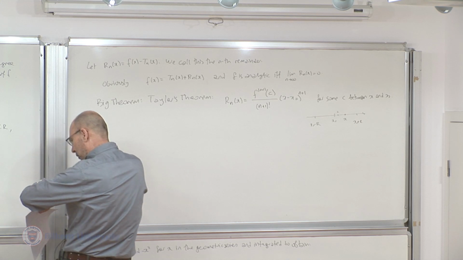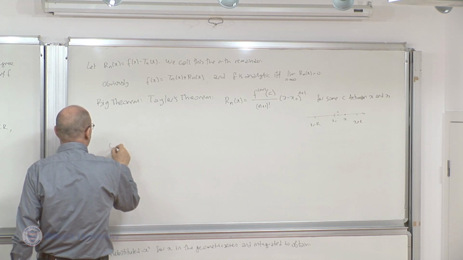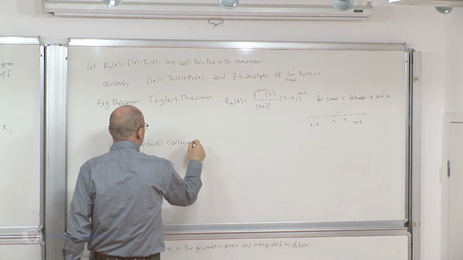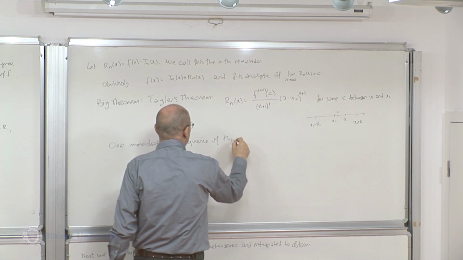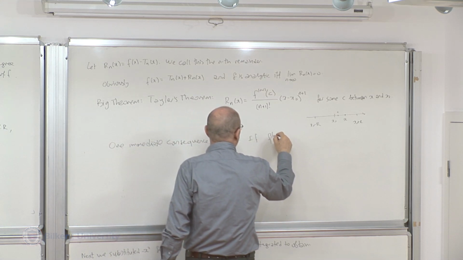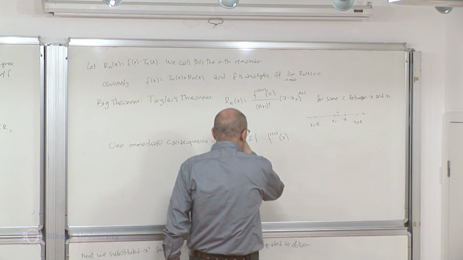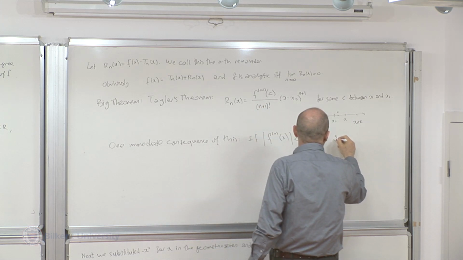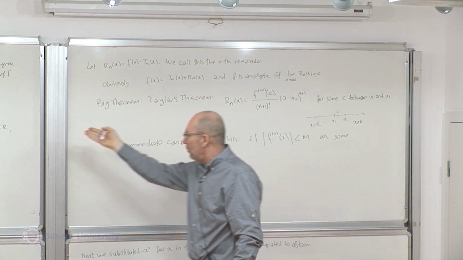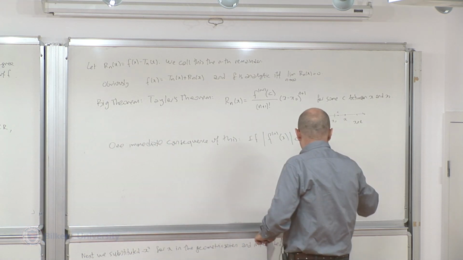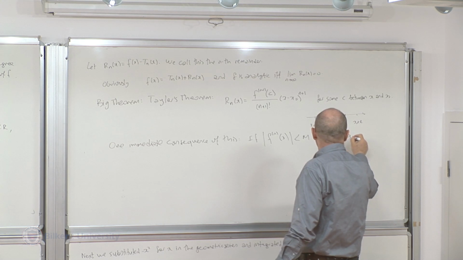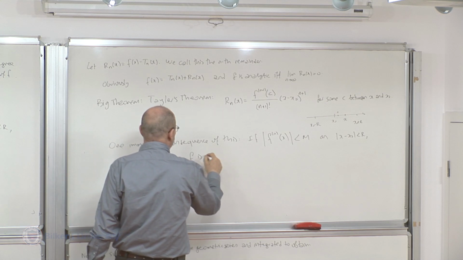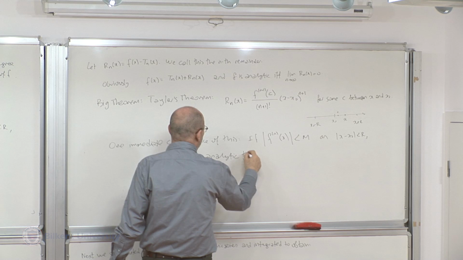One immediate consequence of this, let me write this and then we take a break. If the nth derivative of f is bounded by M on some interval, so instead let me write this one, on |x minus x sub 0| less than r, then f is analytic there.